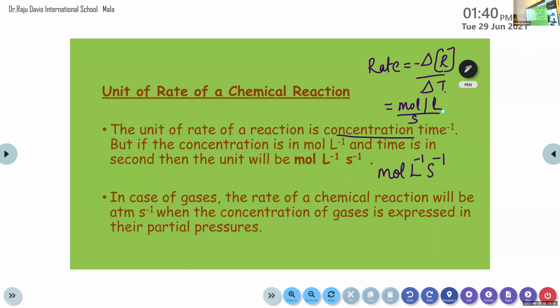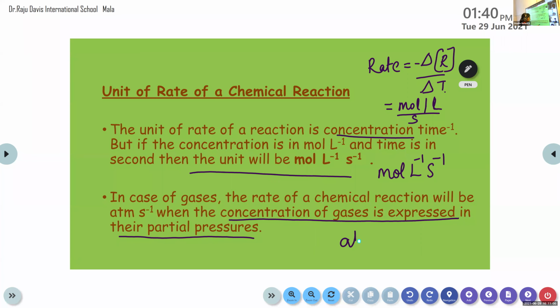In the case of gases, instead of concentration we are using pressure. Instead of using concentration, gases are expressed in their partial pressures. So the unit becomes atm per second.